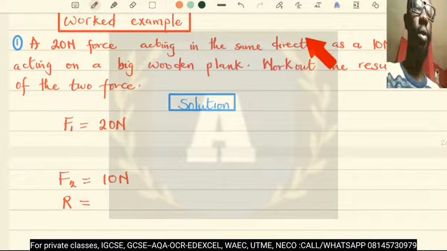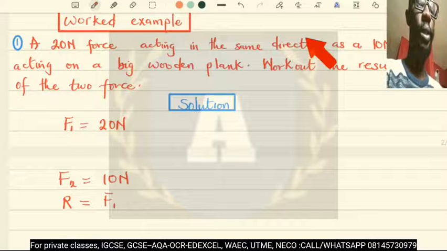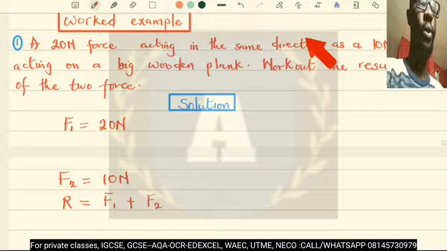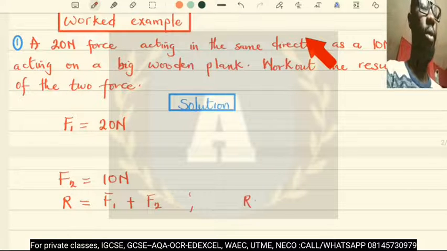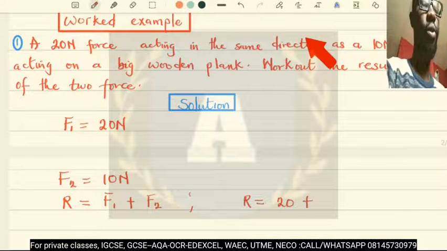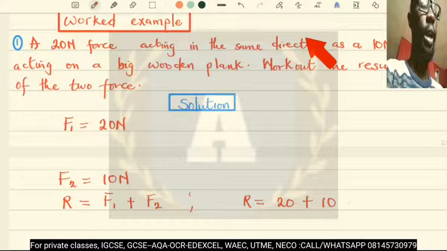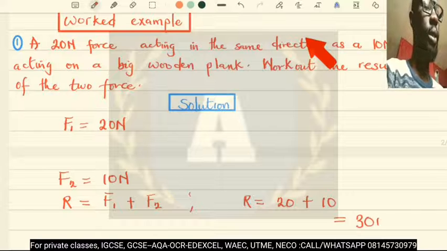So to get the resultant, you have to write your formula: R equals F1 plus F2. Our F1 is 20 plus F2, which is 10, and 20 plus 10 will be equal to 30 Newton.